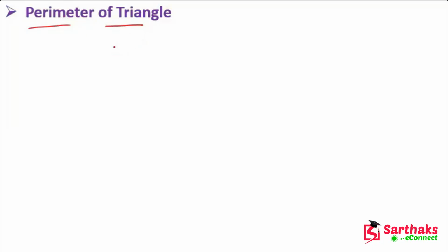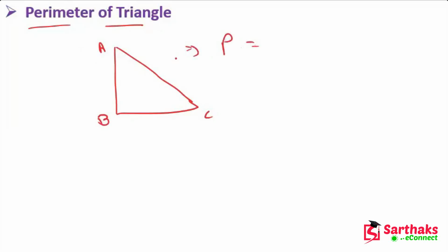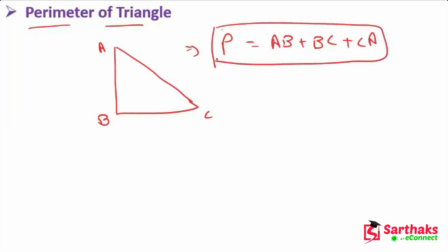Let's suppose we have a triangle ABC. If we want the perimeter of this triangle, it is AB plus BC plus CA. This is the perimeter.